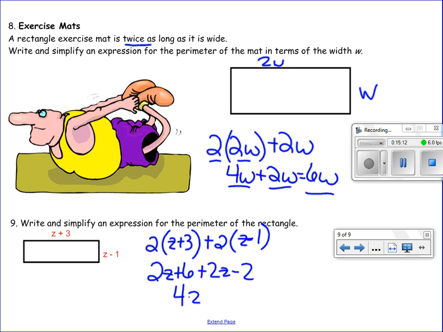Going to combine my like terms. 6 minus 2 is 4, so 4 plus 4z. Again, we cannot solve them, but we can simplify them.